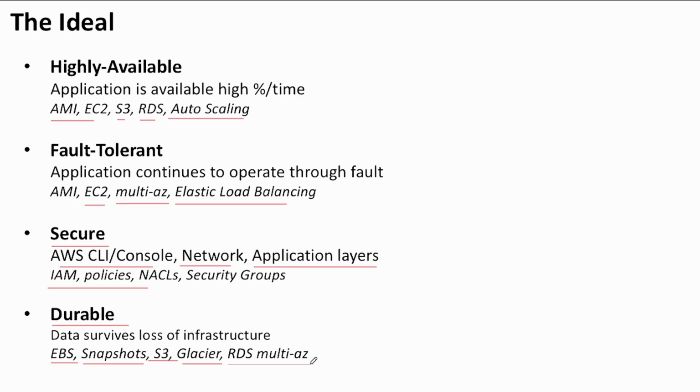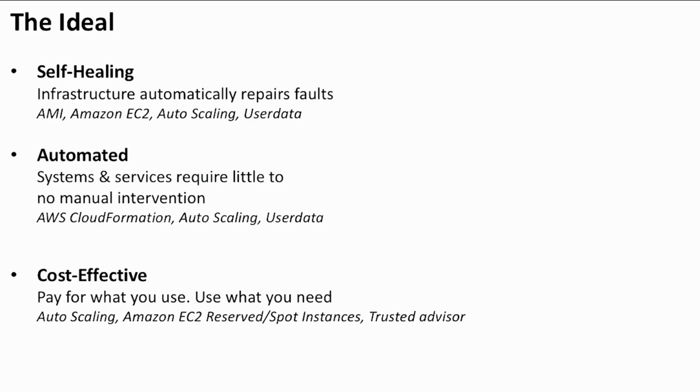If you're running systems in production using the Relational Database Service, be sure to opt in to the multi-AZ deployment so that you have that secondary standby that can be failed over to in that situation where your primary becomes unreachable.